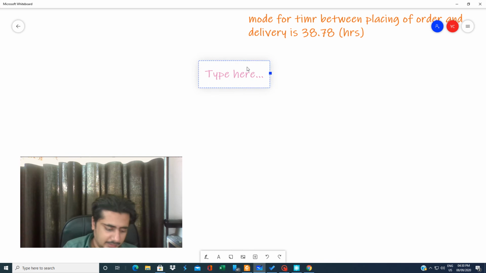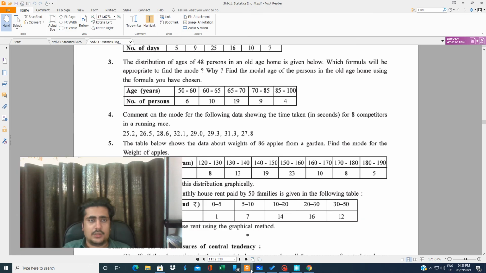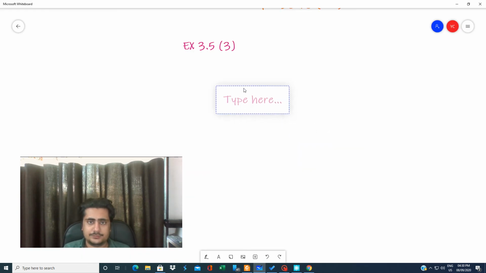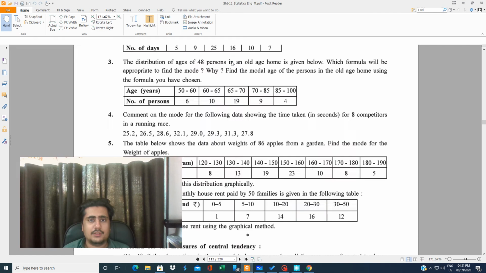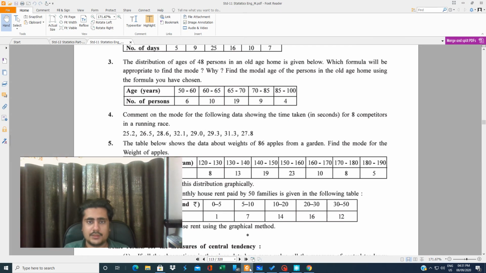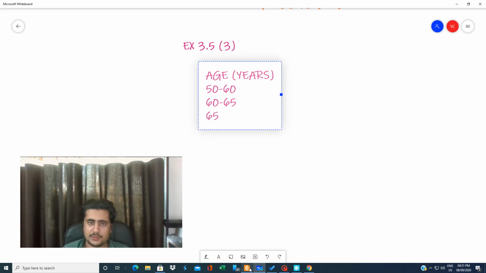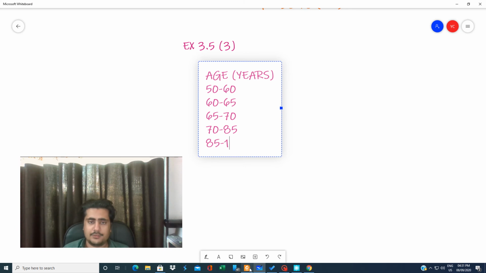So we are doing exercise 3.5, this sum. What is the question? Age in years is given: 50 to 60, 60 to 65, 65 to 70, 70 to 85, 85 to 100.